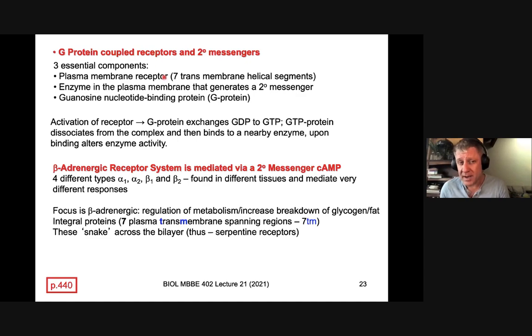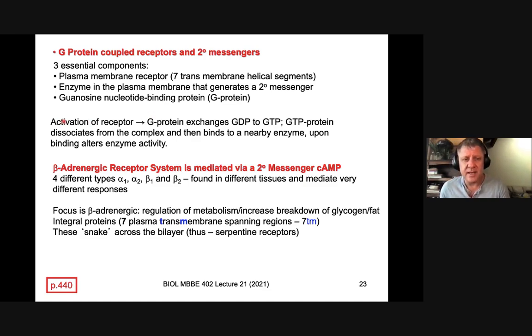Okay, so there's 3 parts there, and that's the guanosine nucleotide binding protein, or actually what we call the G protein. So we have a plasma membrane, an enzyme that produces a secondary messenger system, and a protein that binds that secondary messenger system and allows a particular function to occur, usually a process of phosphorylation.